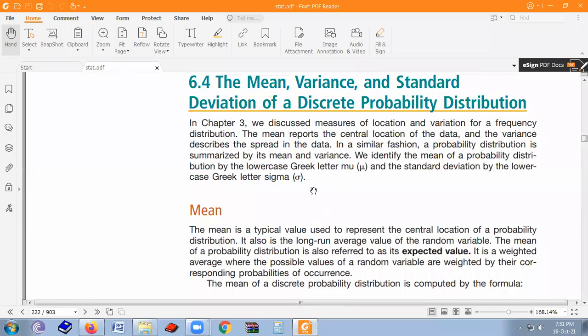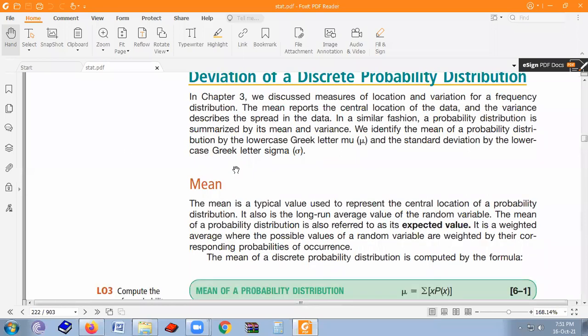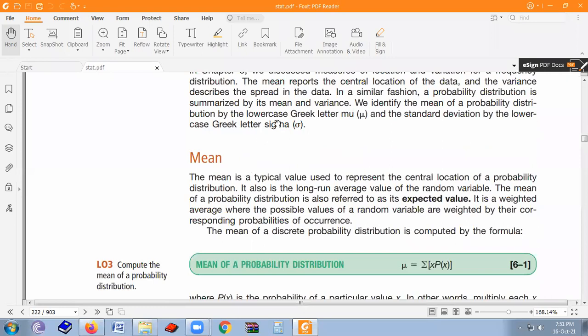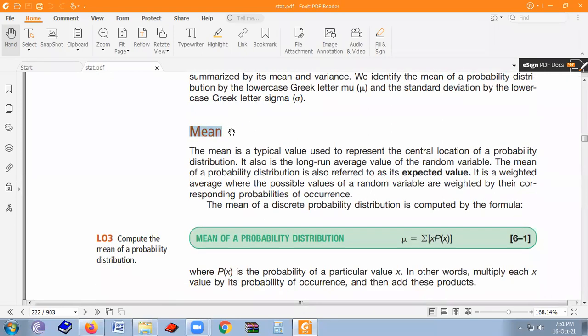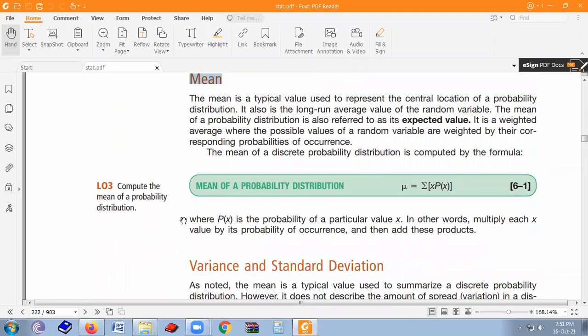So how will we measure the mean, variance, and standard deviation from a probability distribution? There is a formula for finding the mean for a probability distribution: mean mu equals summation x times probability of x.